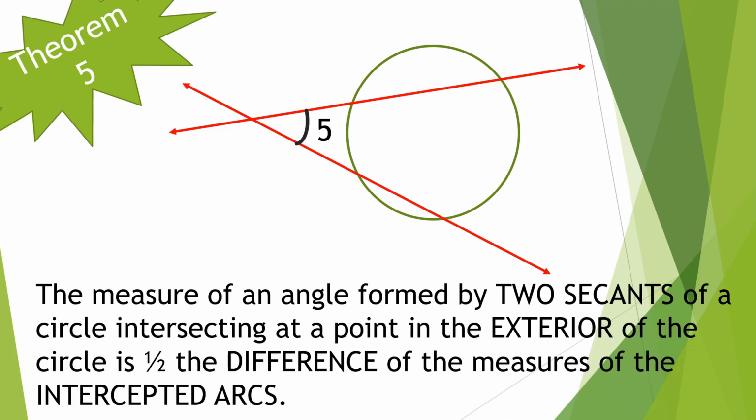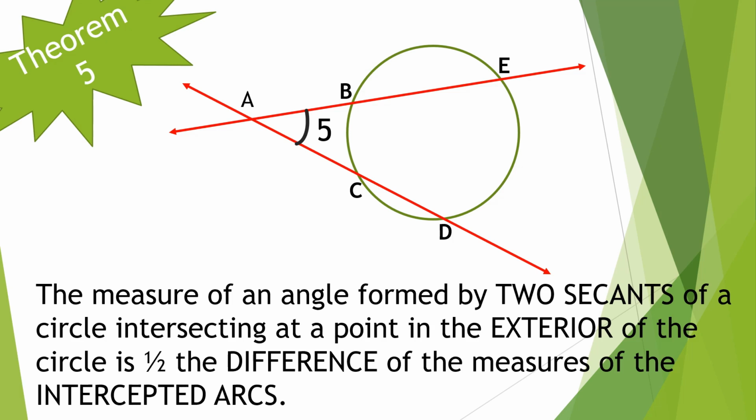Theorem number 5 states that the measure of an angle formed, which is angle 5, by 2 secants of a circle intersecting at a point in the exterior of the circle is 1/2 the difference of the measures of the intercepted arcs. What are the intercepted arcs of angle 5? The bigger intercepted arc and the smaller intercepted arc.